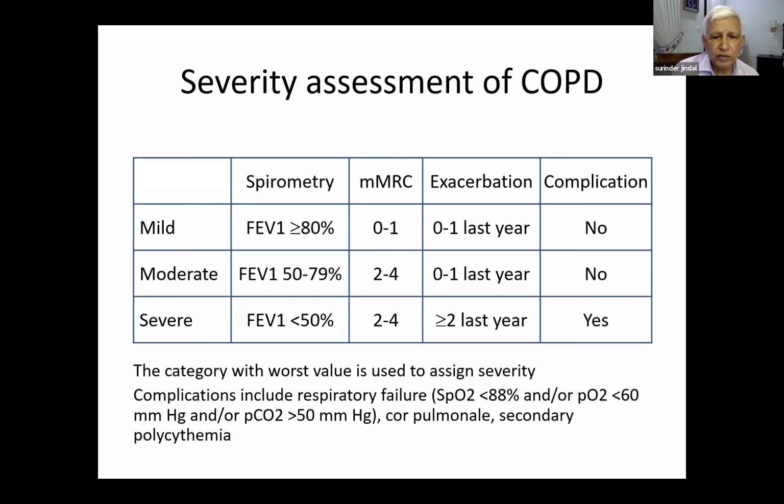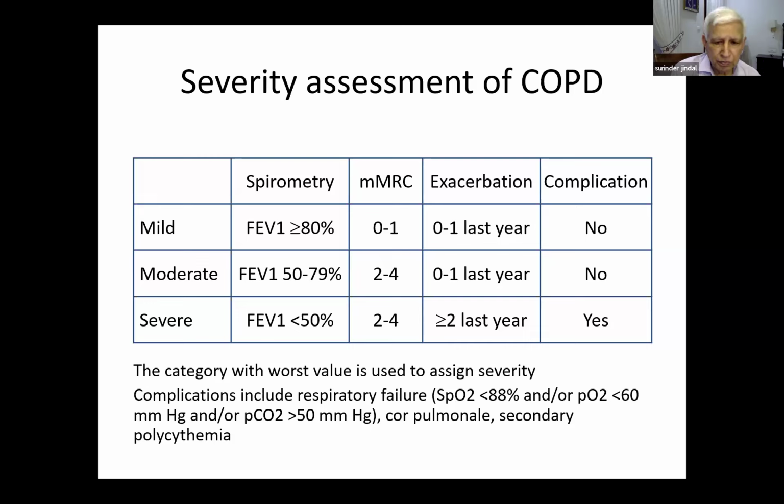But then it could be moderate when there is more severe dyspnea of 2 to 4 MRC categorization, presence of at least 0 to 1 exacerbation, and lower FEV1. And if FEV1 is very low, less than 50%, then of course it is severe.